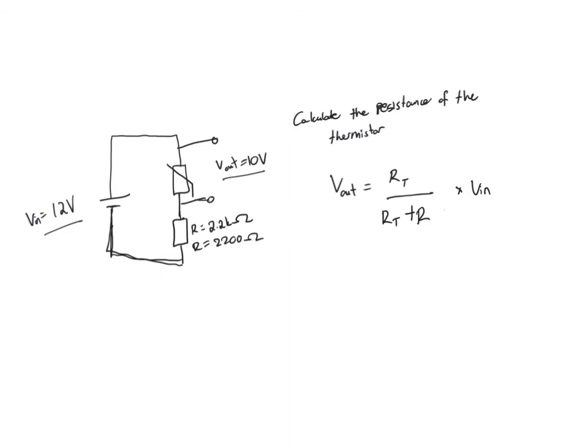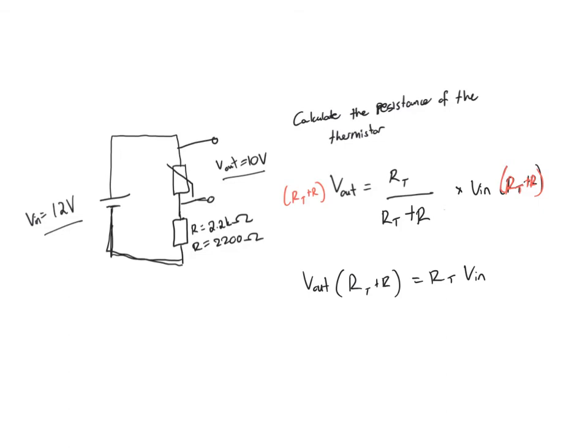So we have V out times, so I'll times both sides by R of the thermistor plus the R of the fixed resistor. I'm timesing both sides by it, which will leave me with this expression.